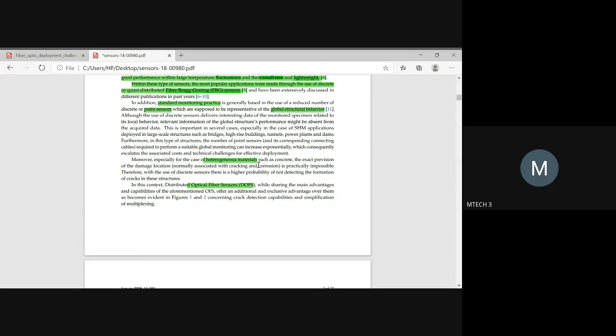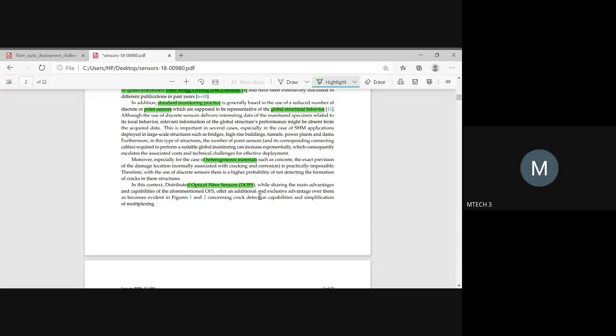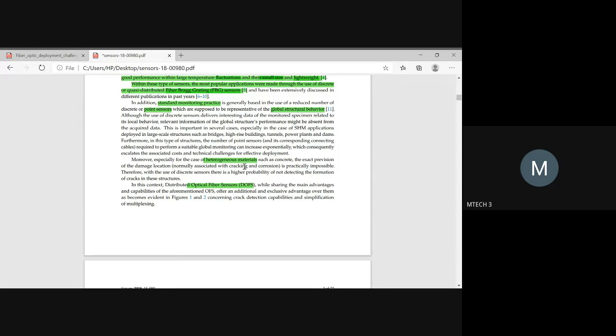So this is the need for optical fiber sensors, where regular electrical sensors cannot do this type of work, right? So you know the application of it and the advantages also. So these are the advantages of optical fiber sensors and why they are being used.